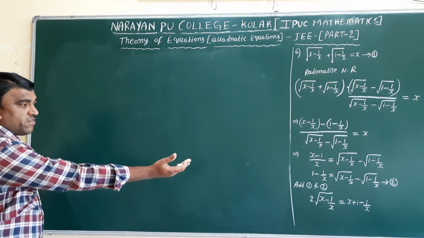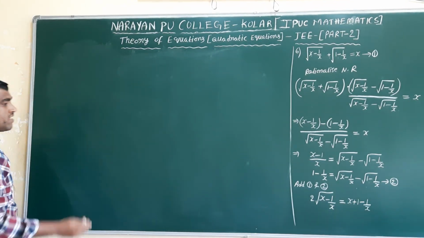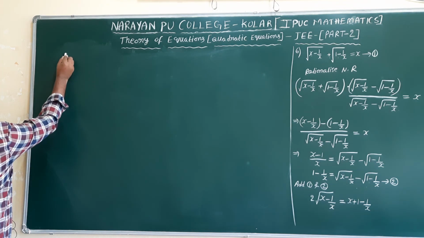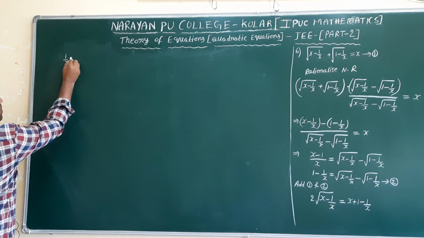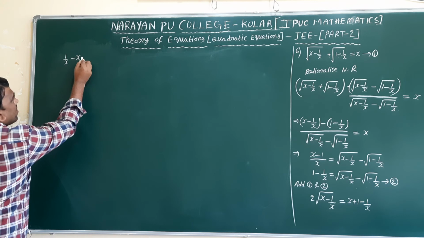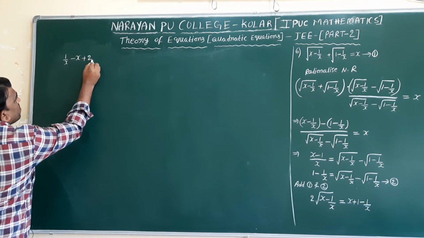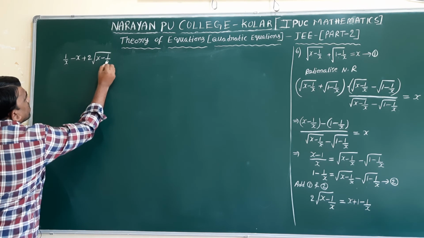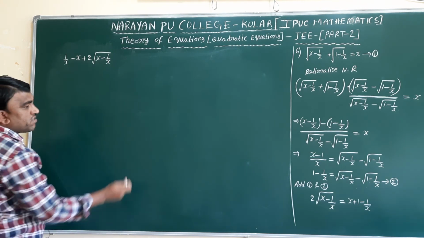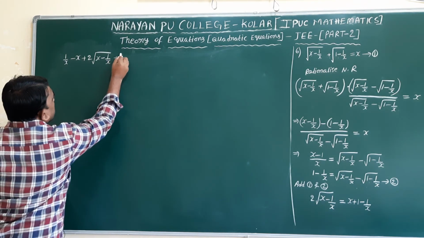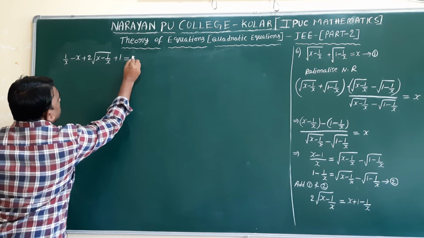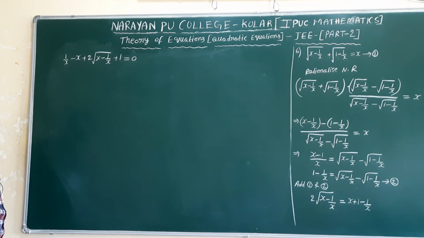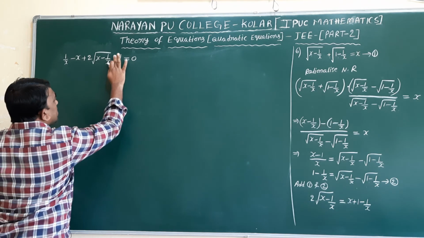Now the right side values will be sent to the left side. 1 by x minus x plus 2 root over x minus 1 by x plus 1 is equal to 0. So plus 1 if you send here, it is minus 1.